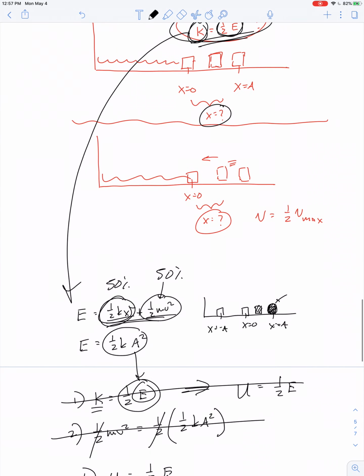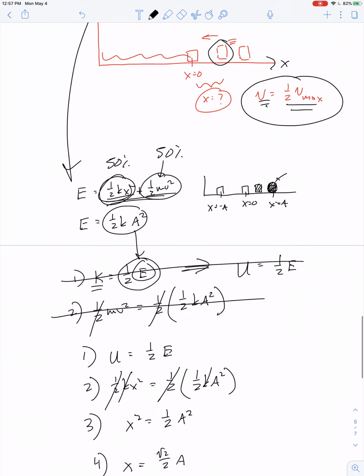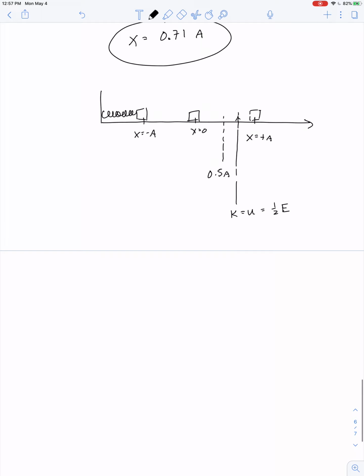Moving on, we posed another question. What's the value of x so that the instantaneous velocity is half of the maximum velocity? Okay. Instantaneous velocity is 1/2 maximum velocity. Maximum velocity is omega a.